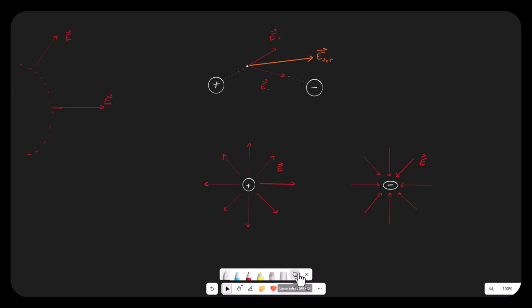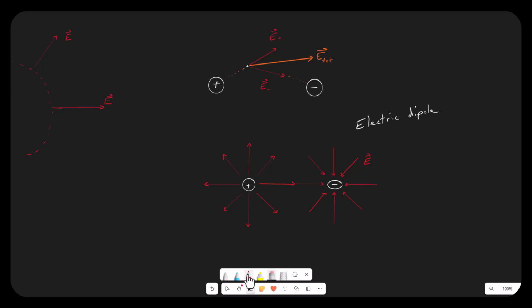But what happens if they can? If I take this negative charge and I move it over close to the positive charge, like this, I have now created something called an electric dipole, which is a name that probably doesn't need a whole lot of explaining.